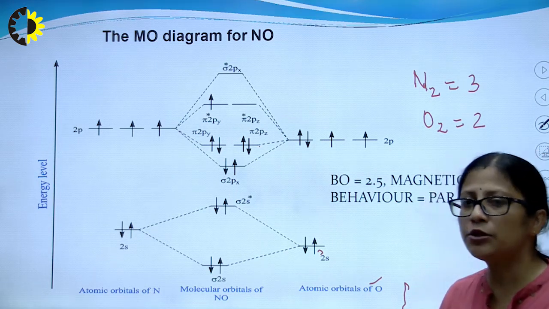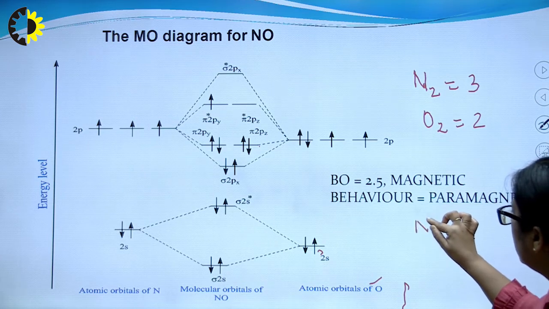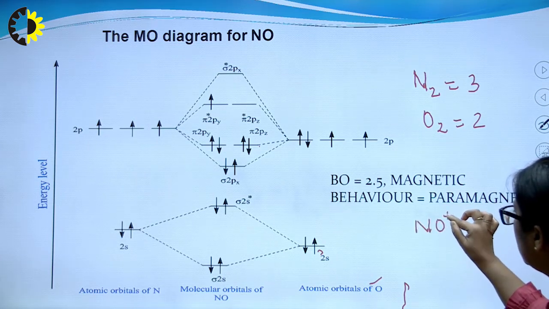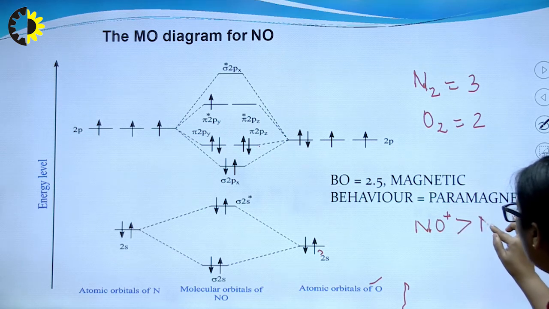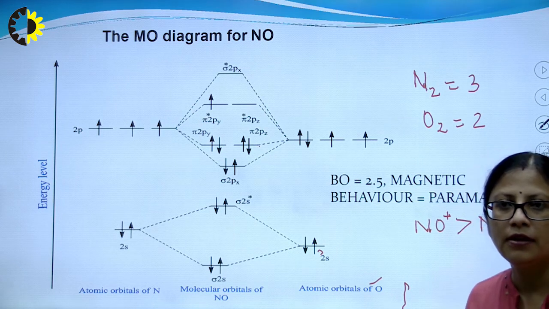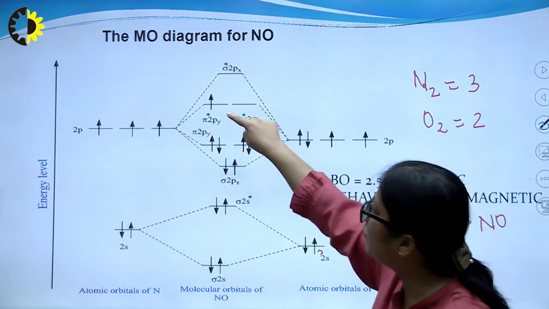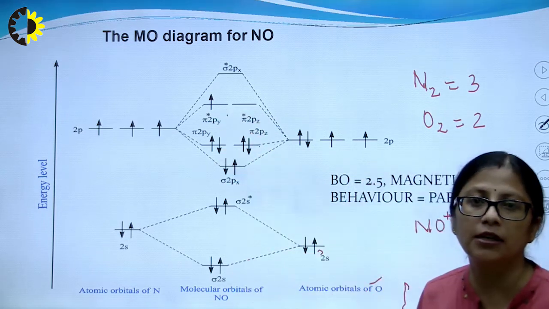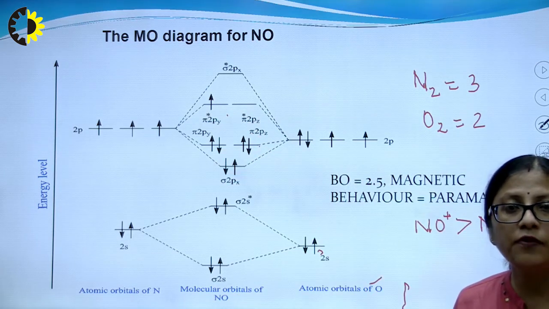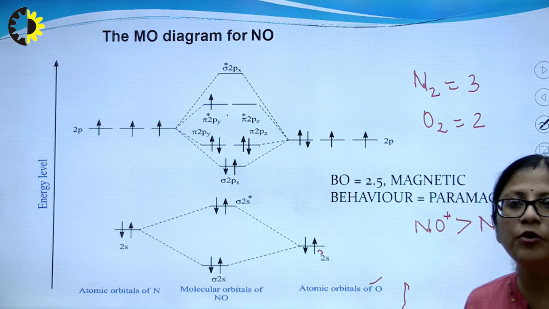Now, the next question comes that NO plus is more stable than NO. When we remove one electron from NO, it forms NO plus, and this electron is removed from the anti-bonding molecular orbital, and since the electron present in the anti-bonding molecular orbital is of higher energy, we can say that a higher energy electron is being removed from this system.